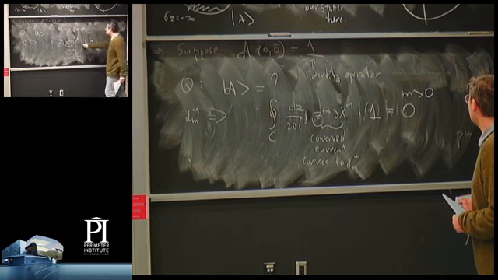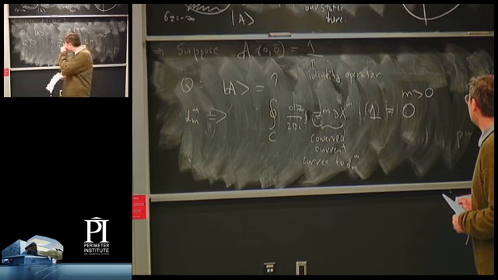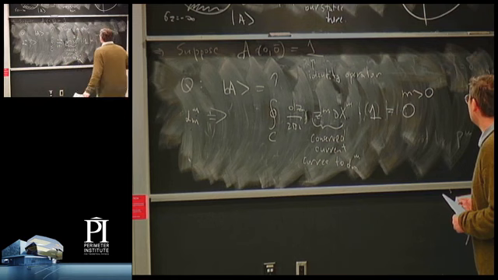The important thing is that when m is positive, this combination here is non-singular, and so there will be no residue. So the integral is going to be equal to 0.